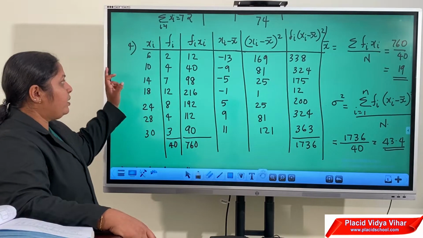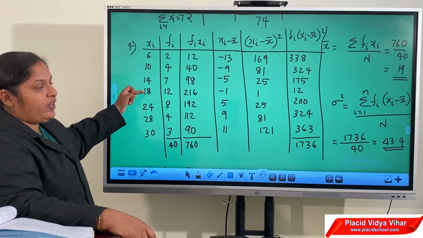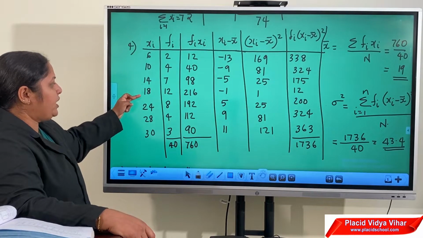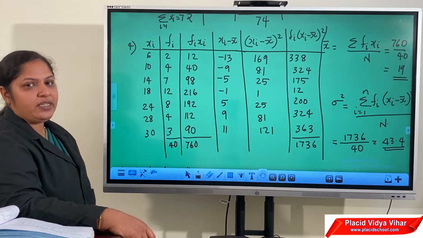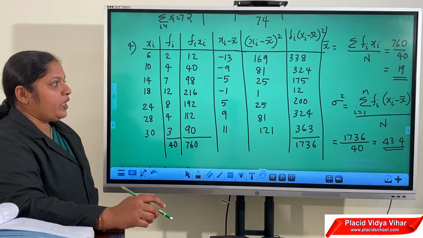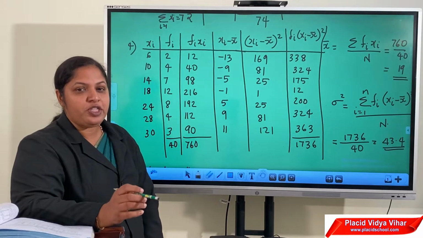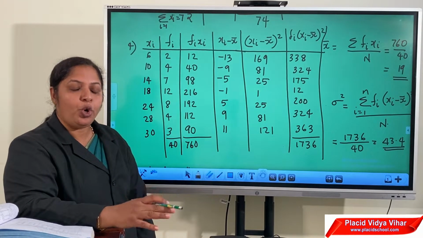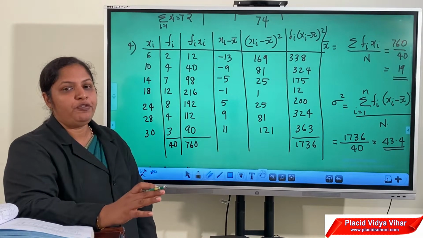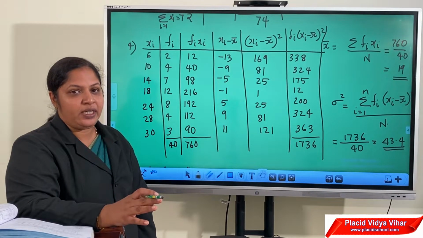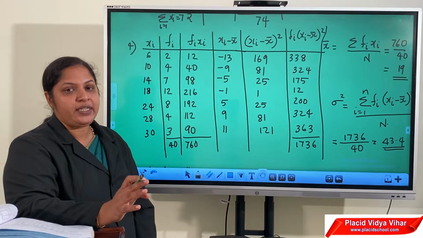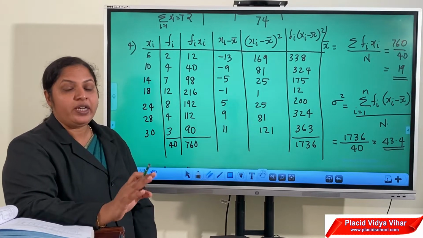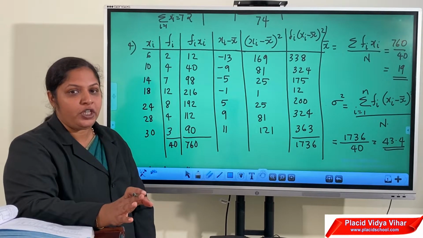So look at question number 4. Xi is given as 6, 10, 14, 18, 24, 28 and 30, and the corresponding frequencies are listed down. Now in order to find the variance, first we need to find the mean. You already know how to find the mean of a discrete grouped data. That is, mean is given as sum of i from 1 to n, fi xi divided by capital N, where capital N is the sum of frequencies.